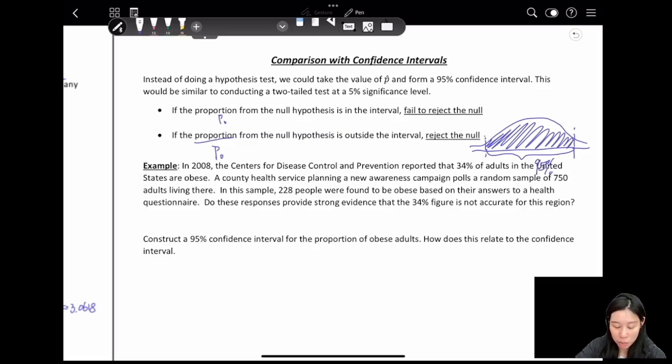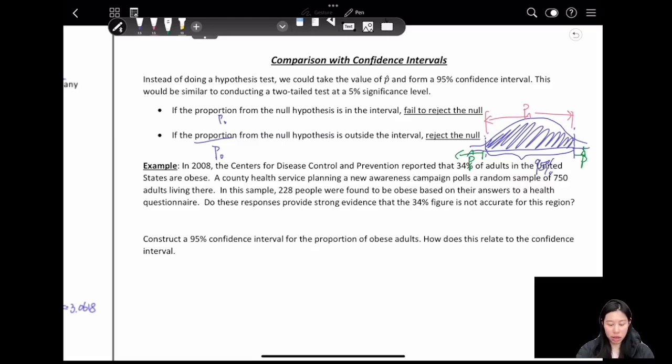So that means if p hat is in the interval, which means p hat is in this area, we fail to reject the null hypothesis. But if it's outside, such as in this side and this side, if here's p hat, or this is p hat, we reject the null hypothesis.